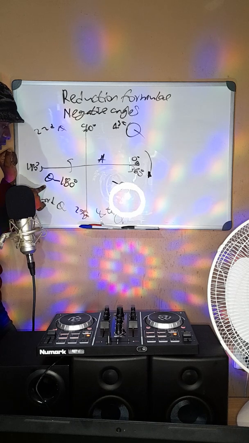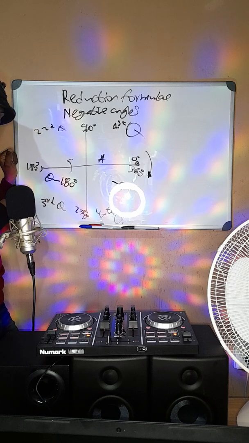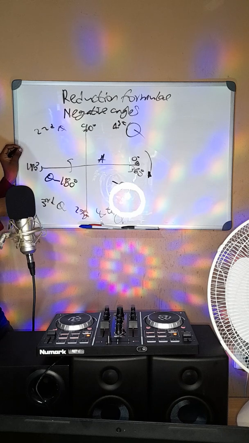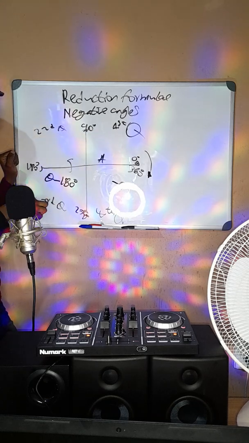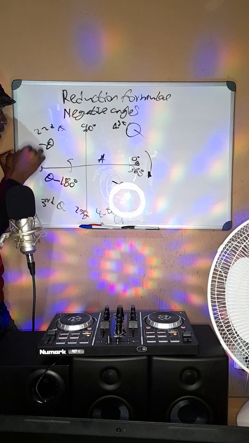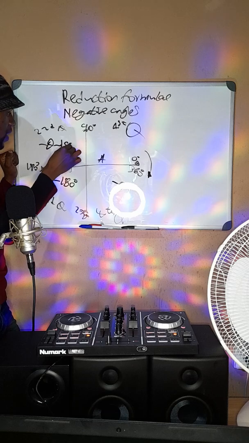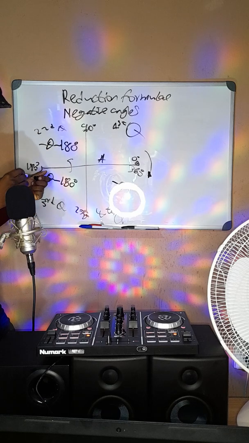We are saying in this quadrant, we're going to have negative theta minus the 180 degrees there, okay? Yes. That's all about the negative angles. You can have these ones here, you can have those ones there, okay? If we wish to have this one, we're gonna have the negative of theta there minus the 180 there, okay?